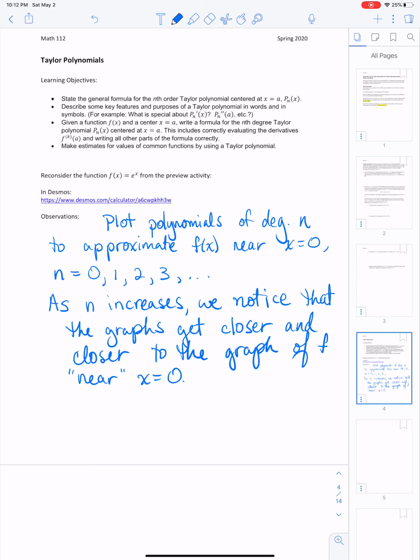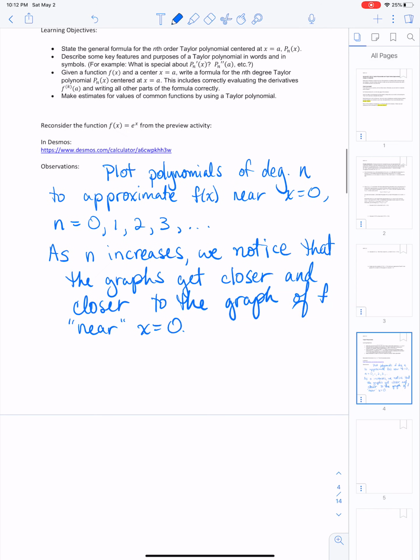Okay, so let me go ahead and just give a definition. Maybe we'll start with the function.